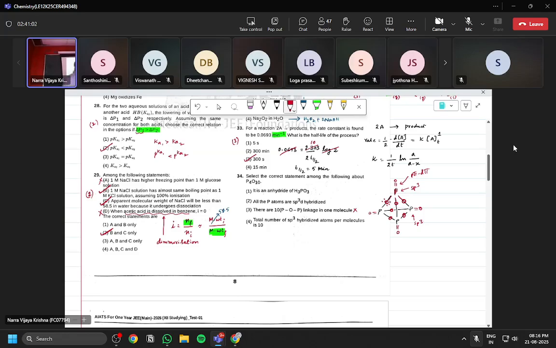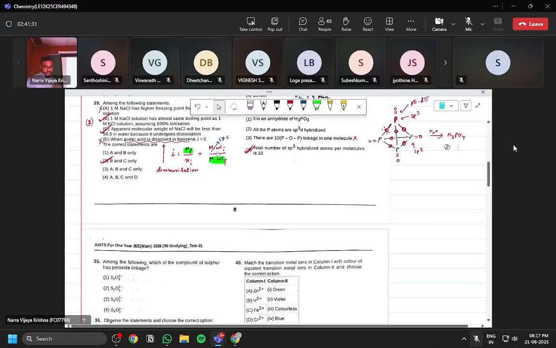Totally 10. They want the correct statement. This will react with water to form H3PO4, which means this is the anhydride of H3PO4, not H3PO4. Correct? All phosphorus atoms are sp3 hybridized. There are 6 P-O-P bonds, and option 4 is correct. Clear? Next, sir.